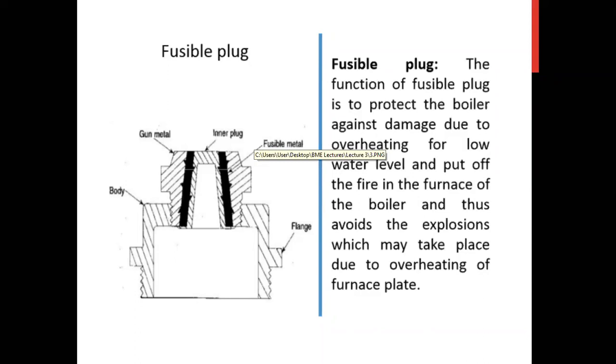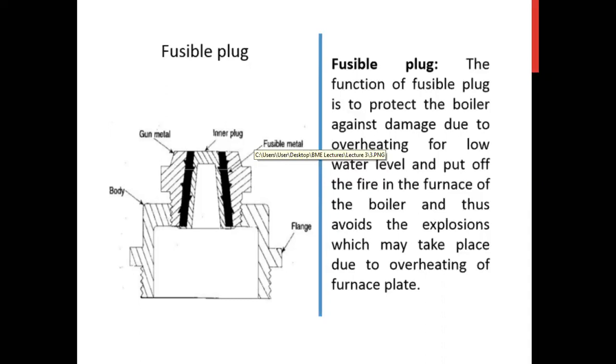So basically the fusible plug is a mechanical device used for detecting the low water level and the overheating condition, that helps to keep the boiler from being overheated. So it protects the boiler against damage due to overheating and also low water level, because when the overheating becomes so high, a fire can happen.